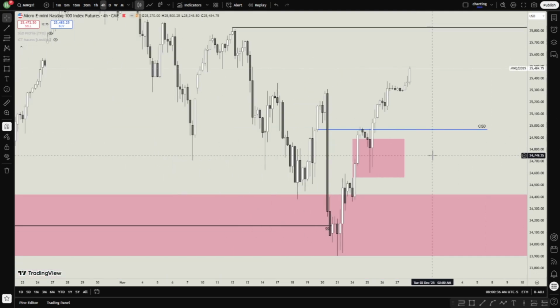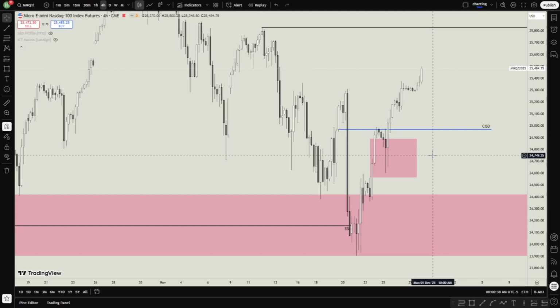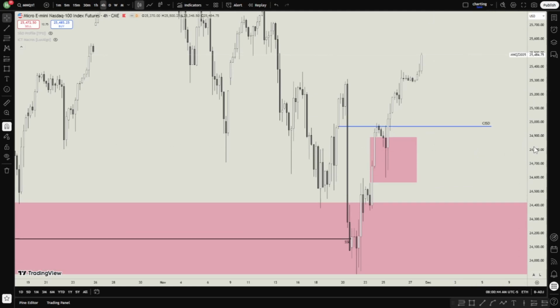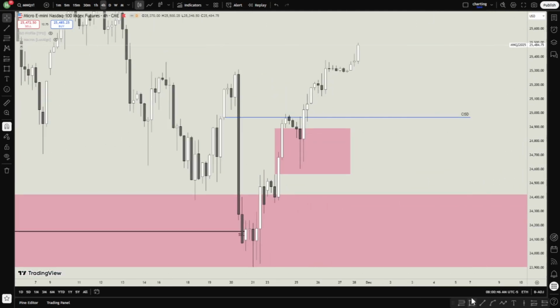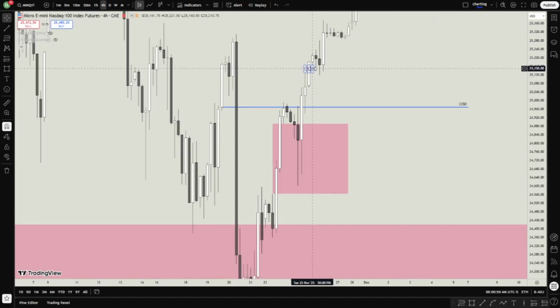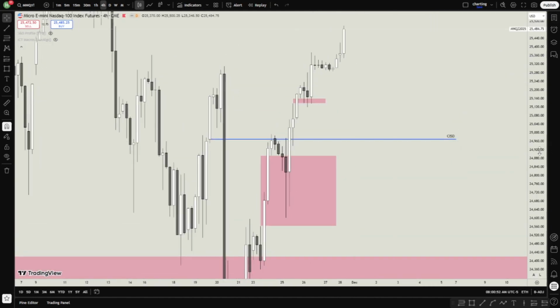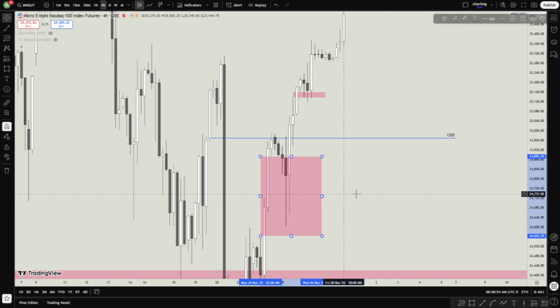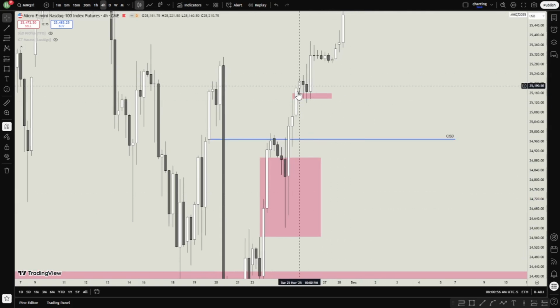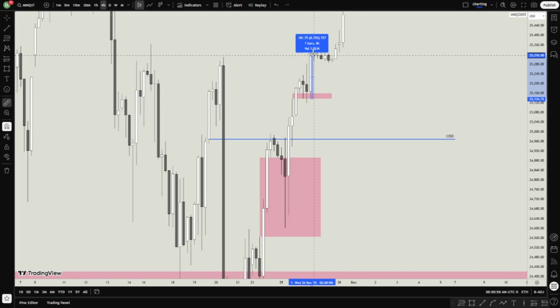What have we said? On monthly and weekly, bullish PD areas are getting respected. So order flow was bullish on 4-hour, as you can see, all of the bullish PD arrays, all of the bullish fair value gaps getting respected, and market pumps when we test these fair value gaps.